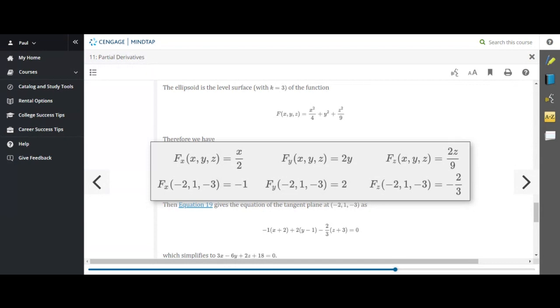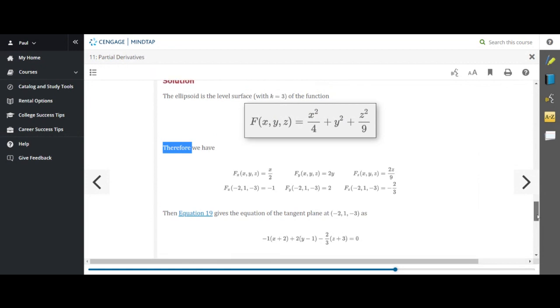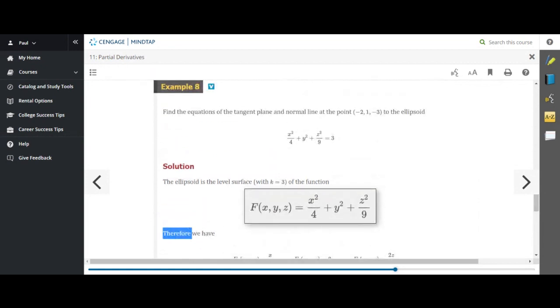First we define our function f of x, y, z as x squared over 4 plus y squared plus z squared over 9, because that function of x, y, and z is being set equal to 3 to give you the level surface, that ellipsoid.